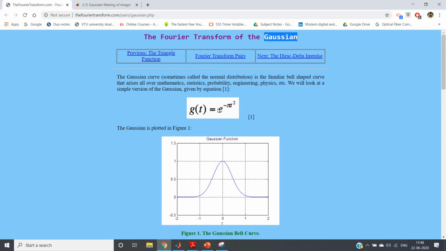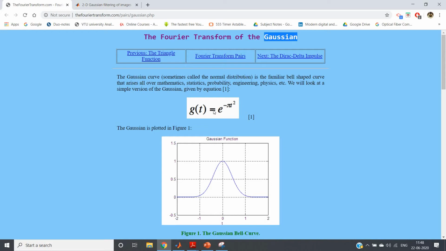If you consider one dimension, then the expression of the equation is g of t is equal to e to the power minus pi t square. This is a very popular signals and systems or digital signal processing question: calculate the Fourier transformation of this Gaussian filter in one dimension.